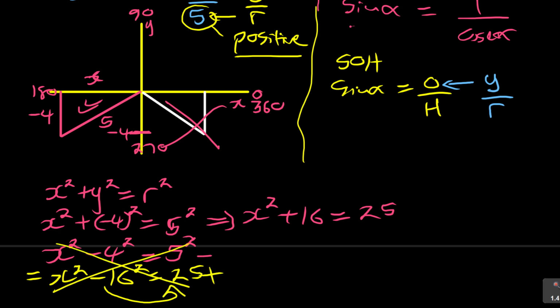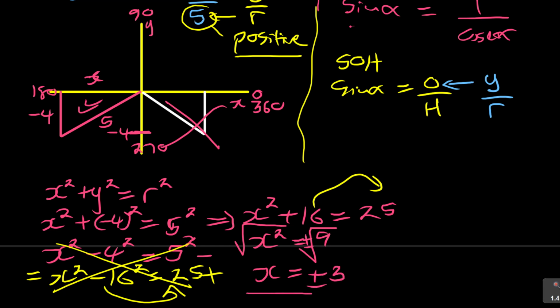So be careful that you put everything in a bracket, so that when it goes this side, you will have x squared is equal to 25 minus 16. We say it is 9. When you square root now, that's where you must be careful, because x is equal to plus or minus 3. Don't just say 3, because the moment you say 3, you are saying it is on this side, in this quadrant, where you have 3 and minus 4.